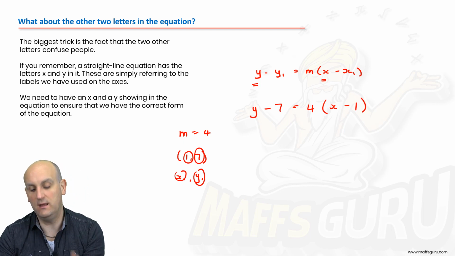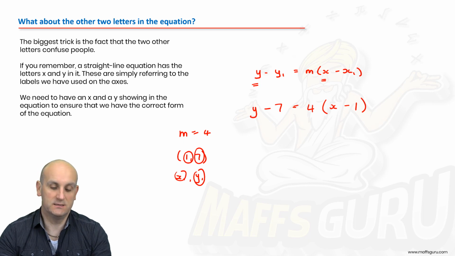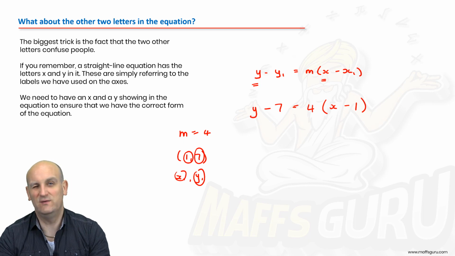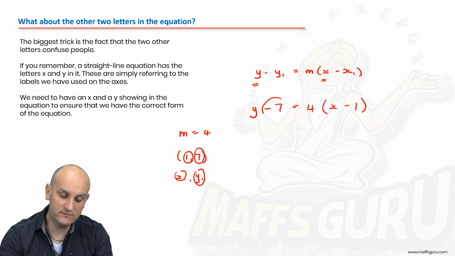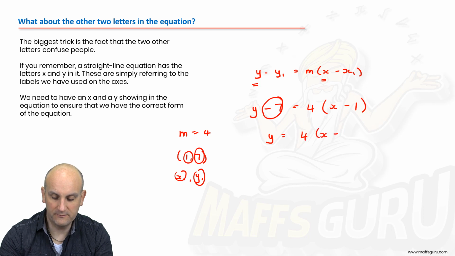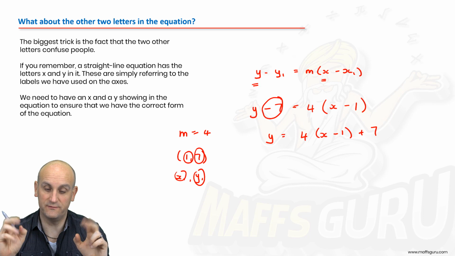Now actually here is the next problem, because having got this, you can't leave it that way because the equation of a straight line must be written with the y on its own. So we have to transpose this. Now what I could do is add 7 to both sides, which will give me y is equal to 4(x minus 1) plus 7. But again, is that in the correct form?